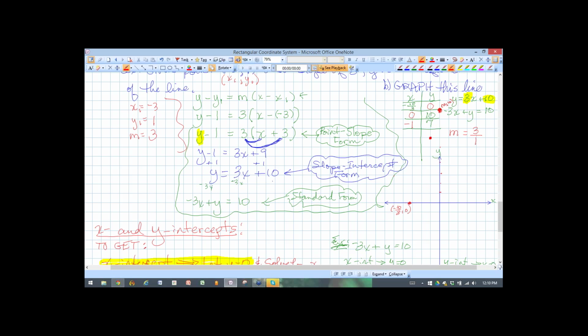If I'm asking you to use an XY chart, I'm asking for at least 3 because it gives you a chance to check your direction. Let's say I did this last point and it ended up somewhere over here. Then I would know I need to go look for an error in my work because it's a linear equation, right? It's a line. Let me draw the line in, by the way.